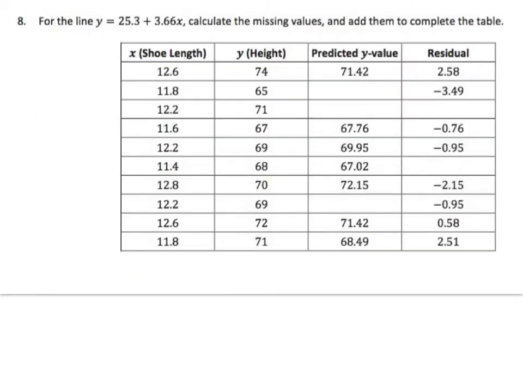So if you look at this, for the line y equals 25.3 plus 3.66x, calculate the missing values and add them to complete the table. So let's do the predicted. We're going to plug in the shoe length into x and calculate the predicted y value. You would need a calculator for this. I'm just substituting x into the equation and calculating.